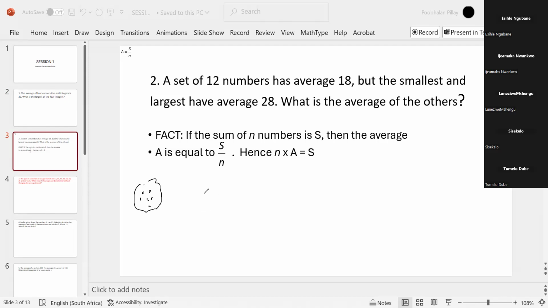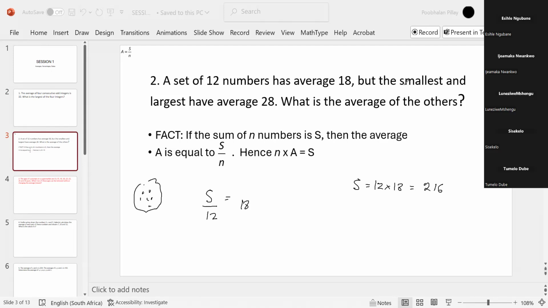So in other words, if S is the sum divided by 12, that's equal to 18. Right? So therefore, S is equal to 12 times 18, which you can work out: it's 216.